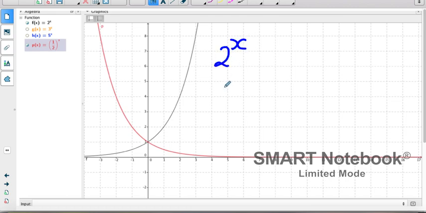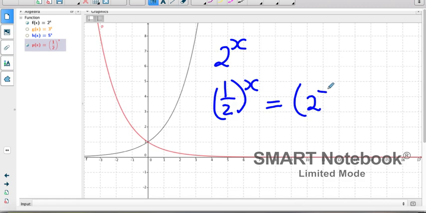One is 2 power x and the other is a half power x, and we think that they are like a horizontal reflection of each other. Algebraically we showed that that's because we could write a half as 2 power negative 1, right? We learned the exponent rule in class, and then you still have that power x. Because of our exponent rule, we have a power and a power again, so we could multiply them.